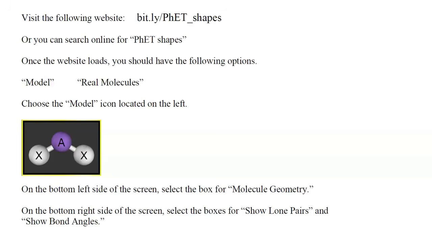Once the website loads, you should have the following options: model and real molecules. Choose the model icon located on the left. On the bottom left side of the screen, select the box for molecule geometry. On the bottom right side of the screen, select the boxes for show lone pairs and show bond angles.